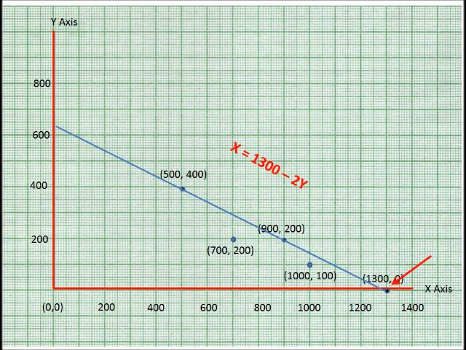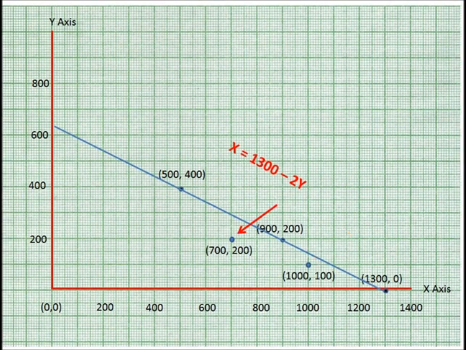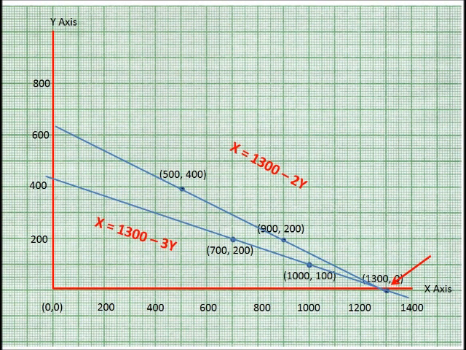As shown in the figure by red arrow, this is the first point, 1300, 0. This is the second set of values, 1000 and 100. This is the third set of values, 700, 200. Now join the 3 points by a straight line, we get the second equation, x is equal to 1300 minus 3y.